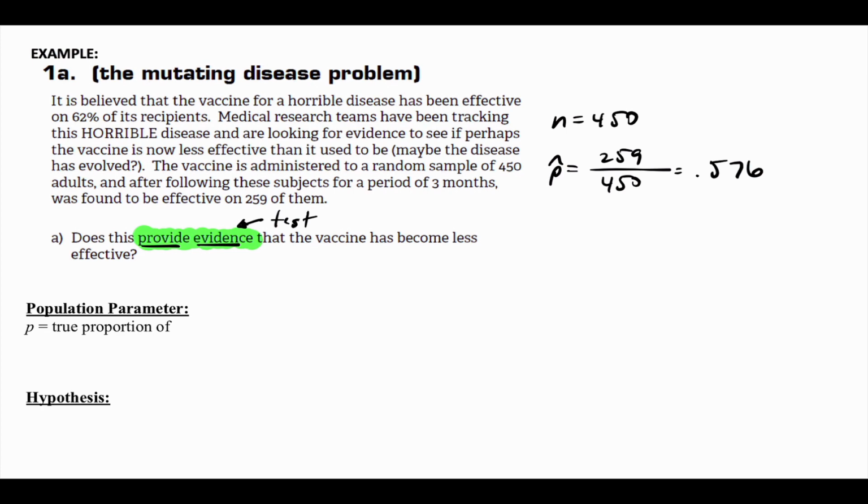Well, expand that for P. The true proportion of people for which the vaccine was effective.